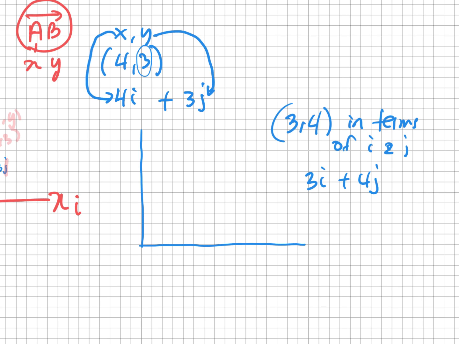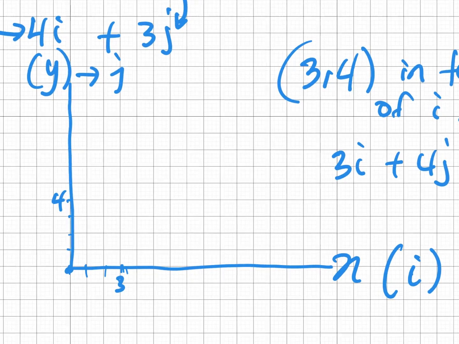Remember your x-axis is here and i is always related with it. Your y is here and it's always related to your j. Now, point of origin, 3 units, 1, 2, and 3. That's my 3 units in there. 4 units in there, 1, 2, 3, and 4.